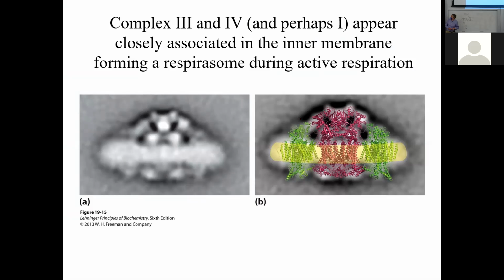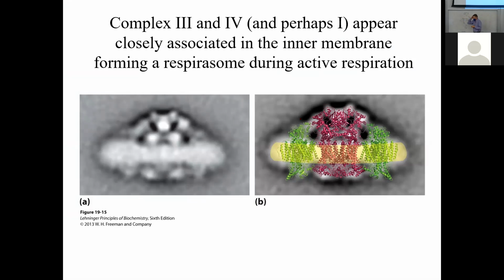It turns out that there is evidence that complex 3 and 4, and maybe even complex 1, 3, and 4, when there is active electron transport, form what's called a respirosome, where these complexes actually associate with one another.